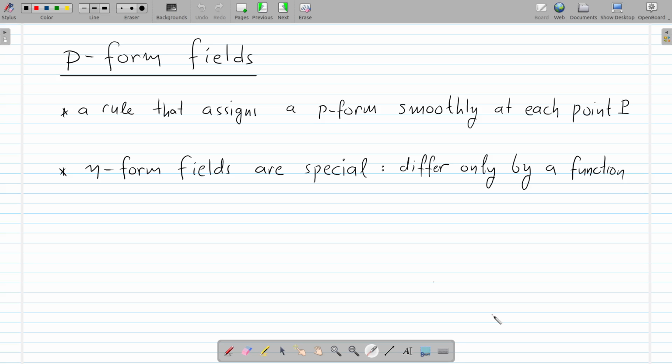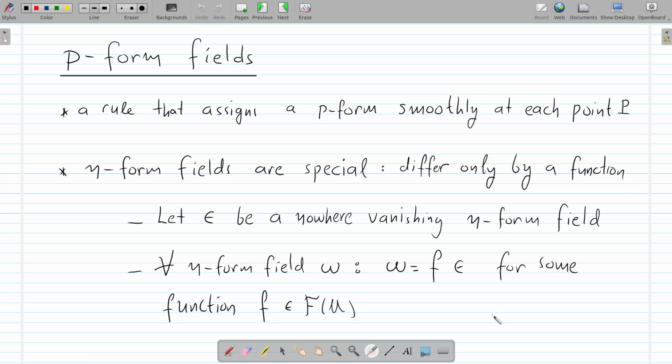That means that n-form fields will differ at all points only by a function on M. We can see this explicitly by considering a nowhere vanishing n-form field, let's call it epsilon. Then any n-form field omega can be written as f times epsilon for some function f on the manifold M.